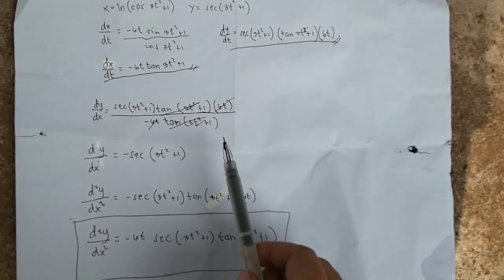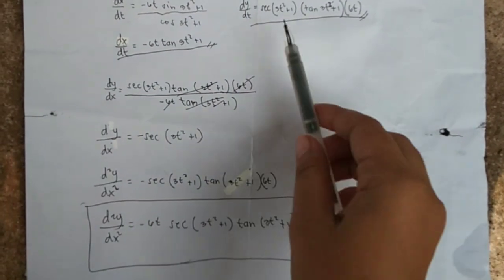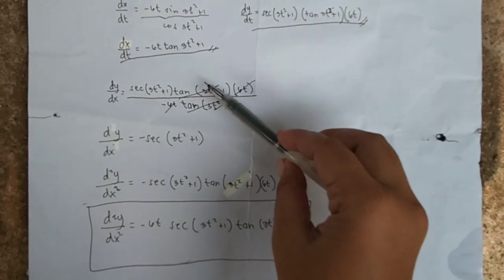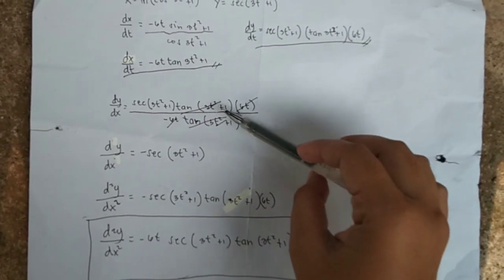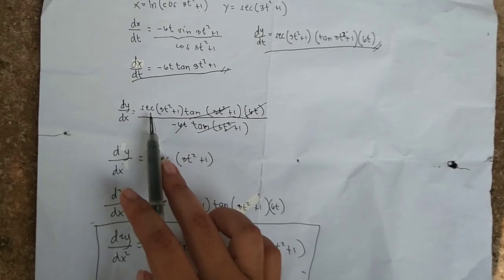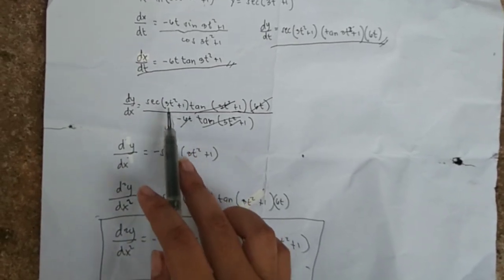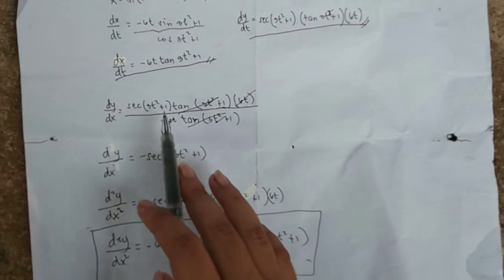Next, the y. The derivative of sec u is sec u tan u times u prime.